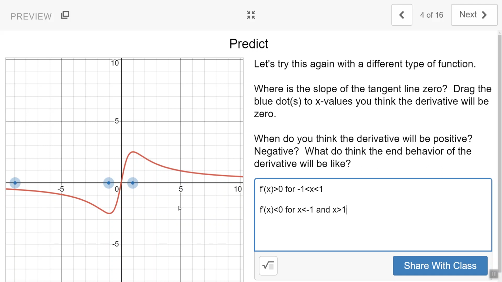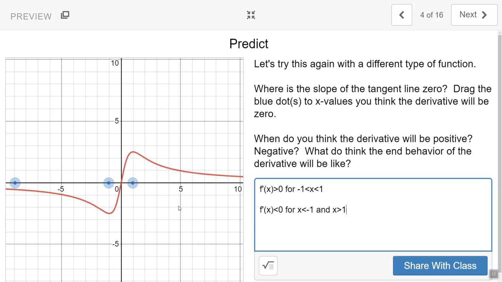Okay. And then it says, what do you think the end behavior of the derivative will look like? Guys, the slopes are both negative right here. So I would say, looks like there's an asymptote here for the top half and the bottom half. That slope eventually is probably going to flatten out really close to what?